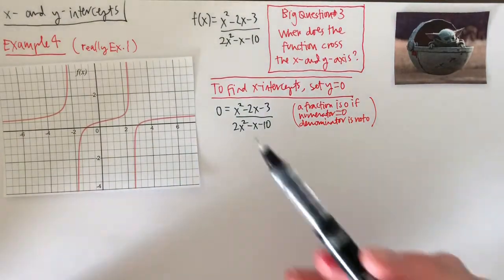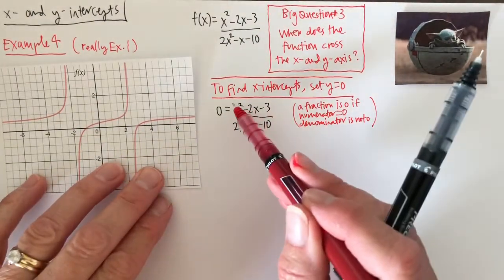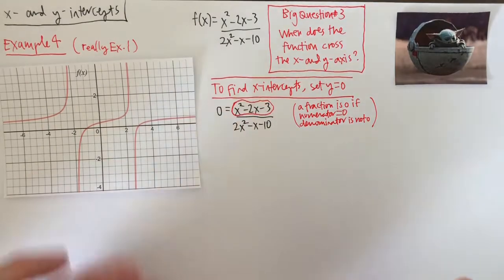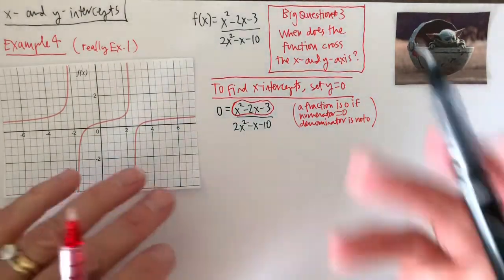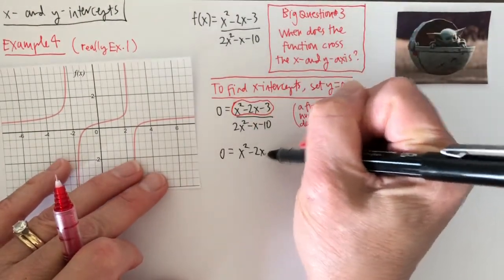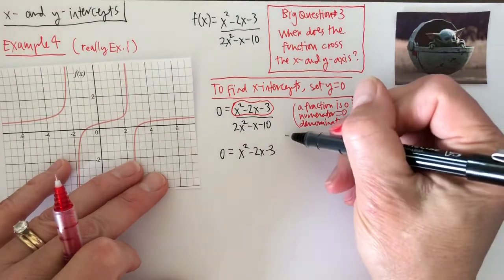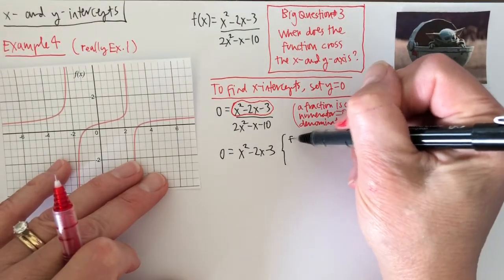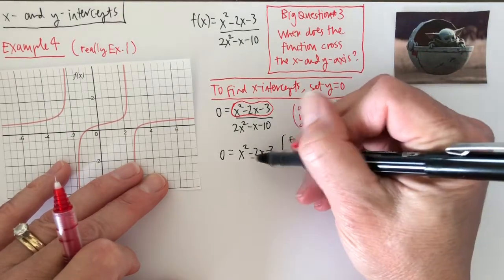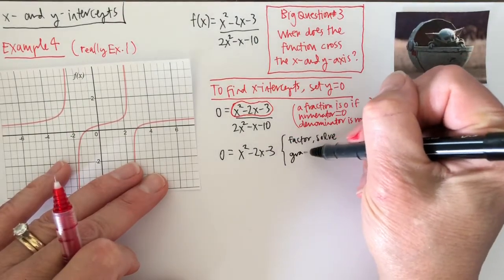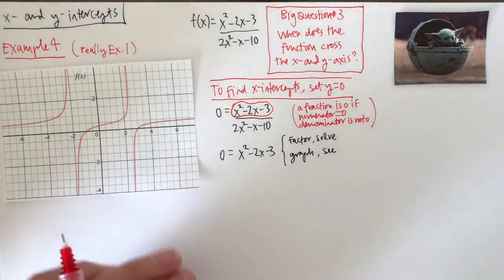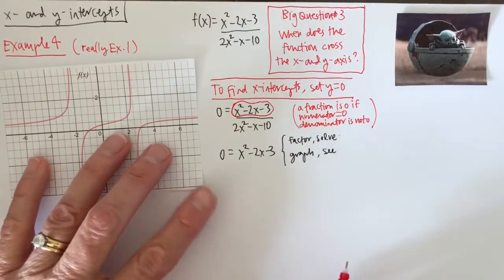So if we want to solve this equation, we really only have to figure out, when is the numerator equal to 0? When is x squared minus 2x minus 3 equal to 0? We can solve this different ways. We can factor it and then solve it. You could also graph this expression and see where the y value is 0. We're going to do the algebraic way.